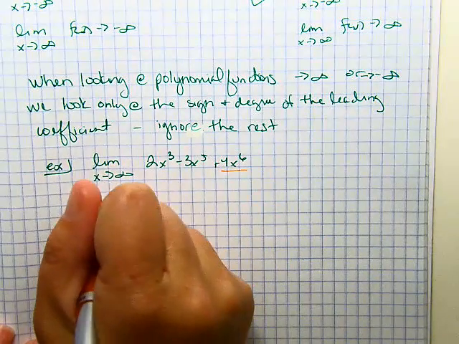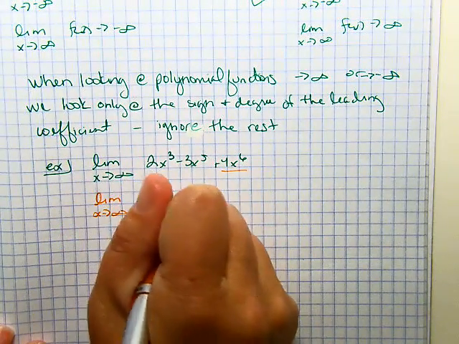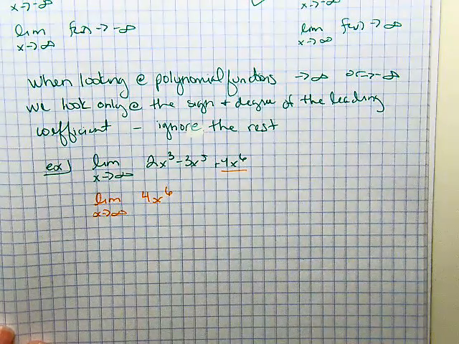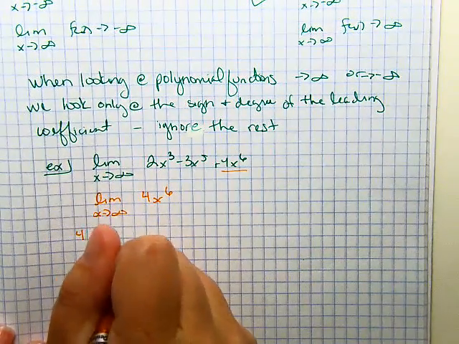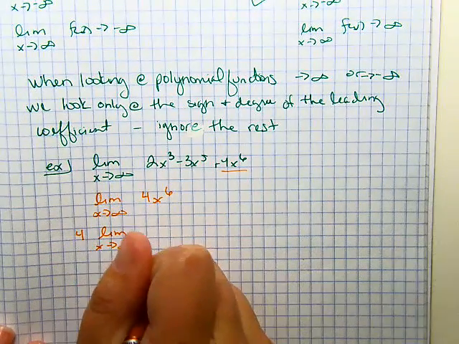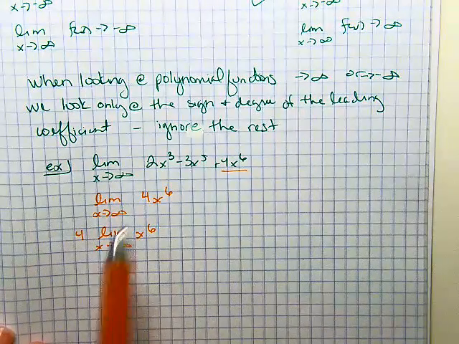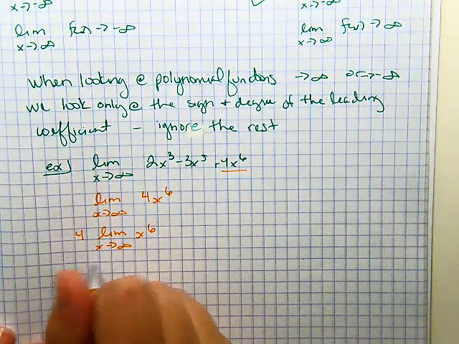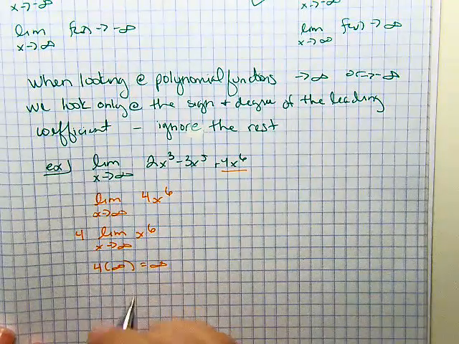So, our next step is we're looking at the limit as x approaches infinity of 4x to the 6th. And then the 4 we bring in front: 4 times the limit as x approaches infinity of x to the 6th. This is even. An even function goes off to infinity, and this is positive, so 4 times infinity equals infinity.